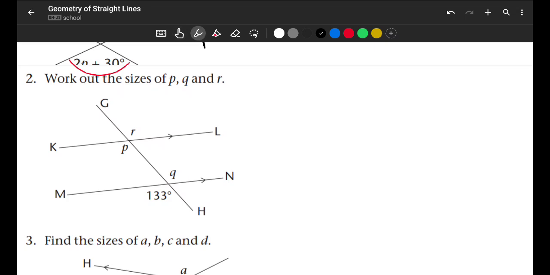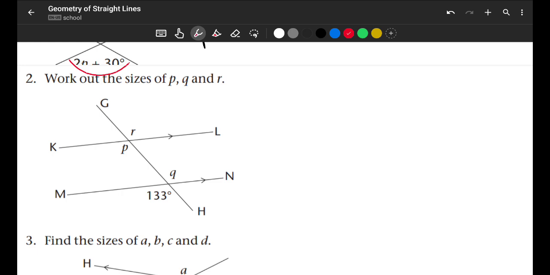For this one, please watch before you attempt it by yourself. You can always revisit this and try to do and see that you can get to the same answer. So for this, we need to find P, Q, and R, right? Now, just looking from my view, how do I get Q?